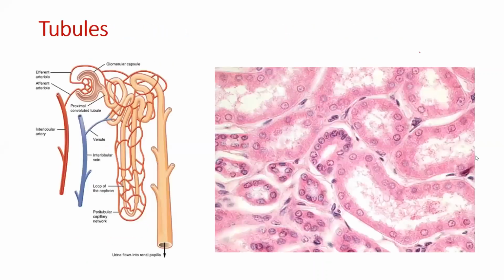Right. So moving on to tubules. Now we discussed what will happen if the glomerulus gets affected. Now we move on to tubules. If you can remember, once we come out of the glomerulus, you have your tubules: the proximal tubules, the loop of Henle, the distal convoluted tubules, the collecting ducts.